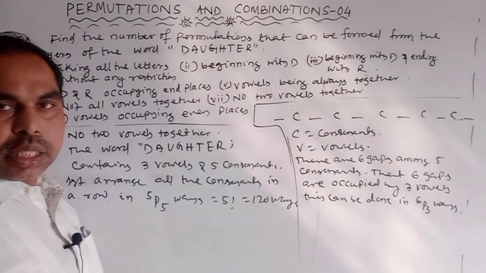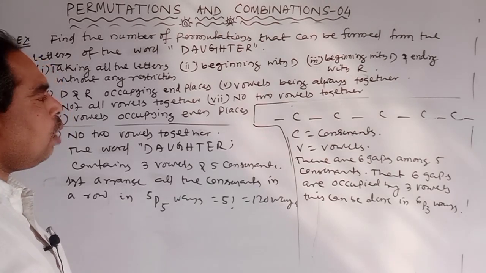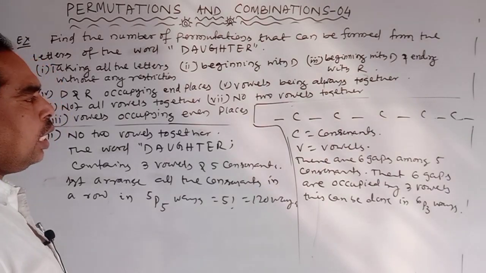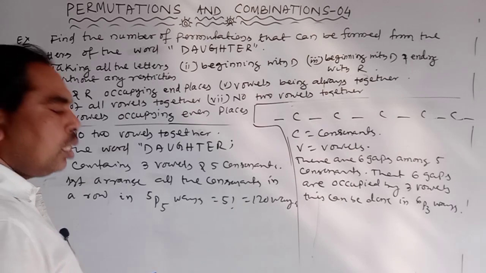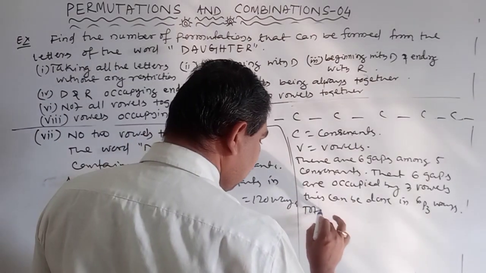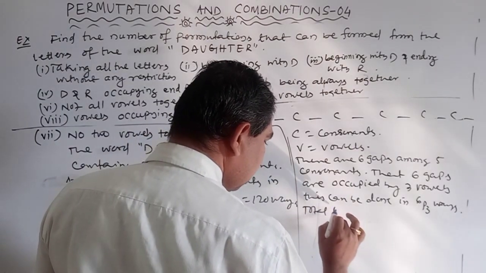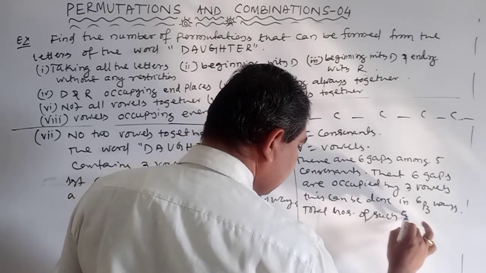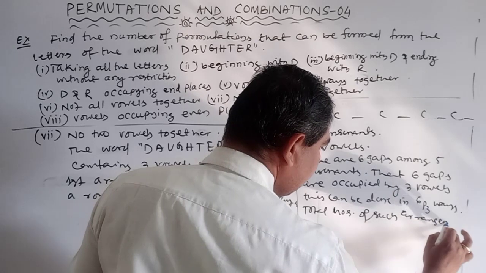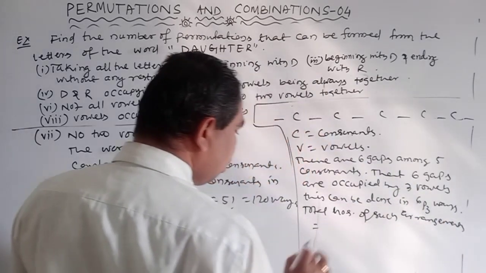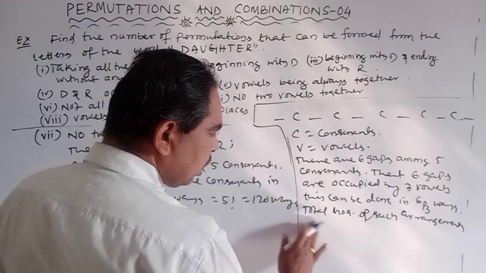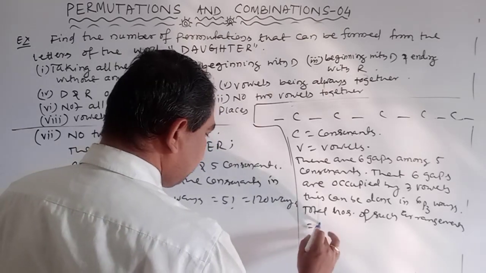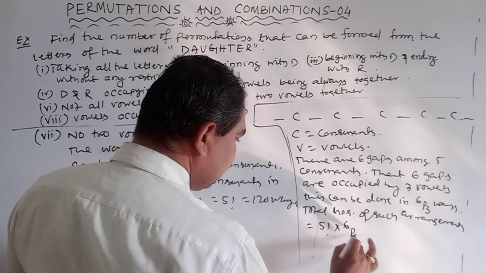Hence the total number of such arrangements, by the fundamental principle of counting, is 5 factorial into 6P3.